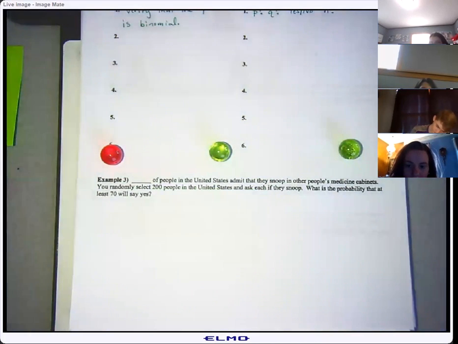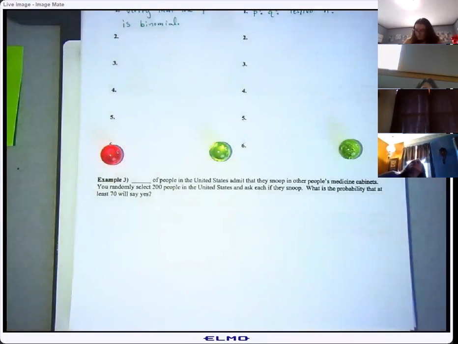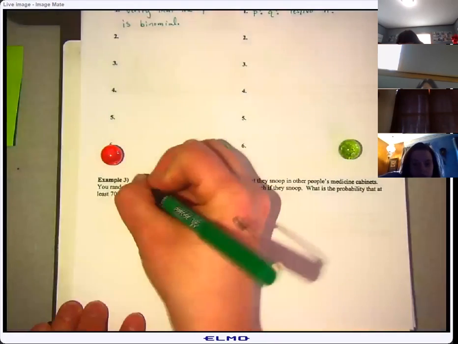They collected responses in Texas, from 605 men and women between the ages of 25 and 54. About 40% said, yeah, I'll snoop in a medicine cabinet.